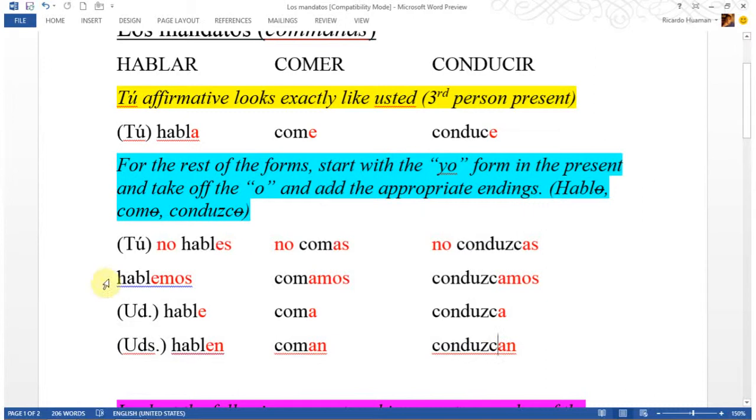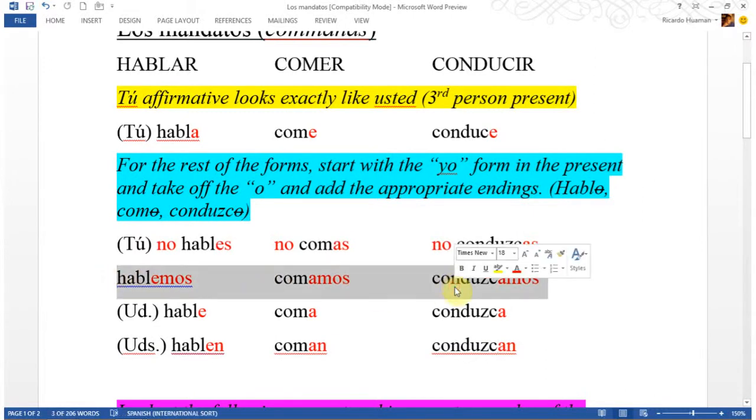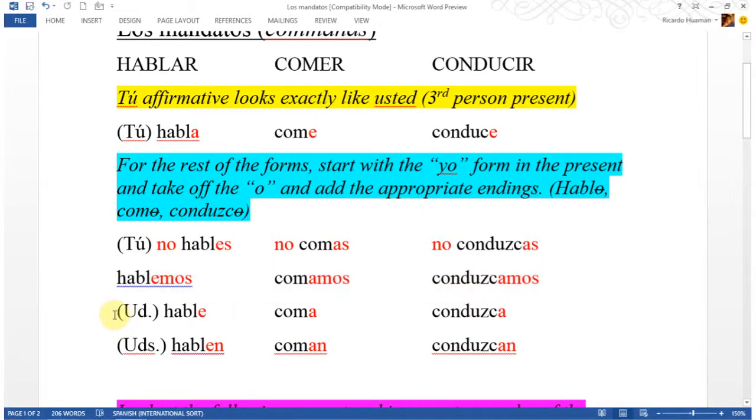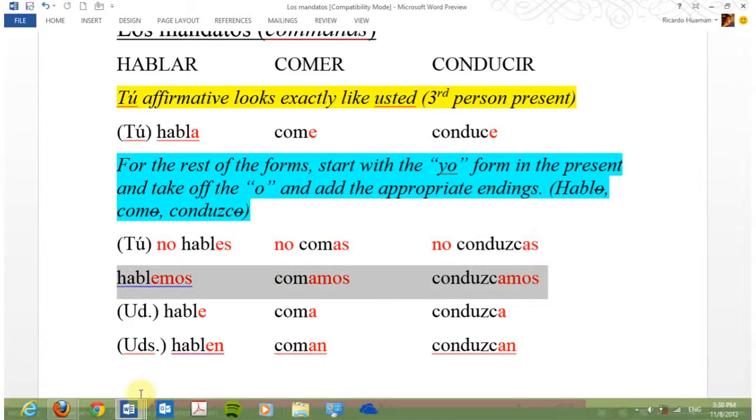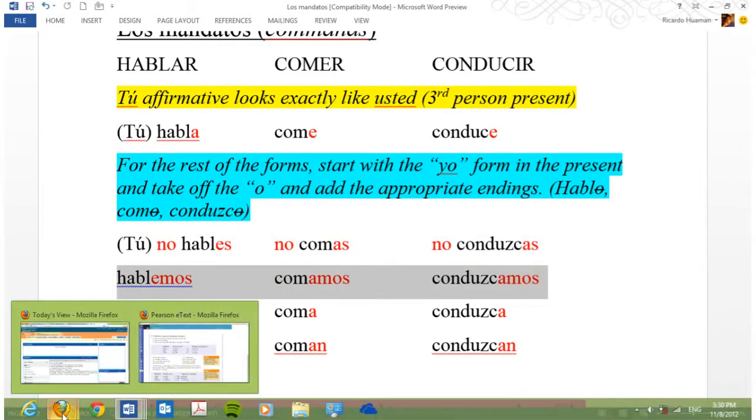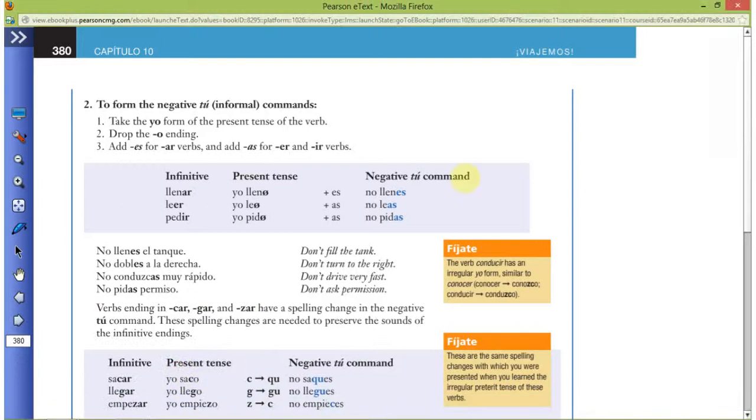That's why I went ahead and threw in nosotros for you. That's at no charge to you. And I threw in usted and ustedes. Usted and ustedes are in a different lesson, but they're in the same chapter. Really, you should be getting nosotros because even the name of the chapter is viajemos.